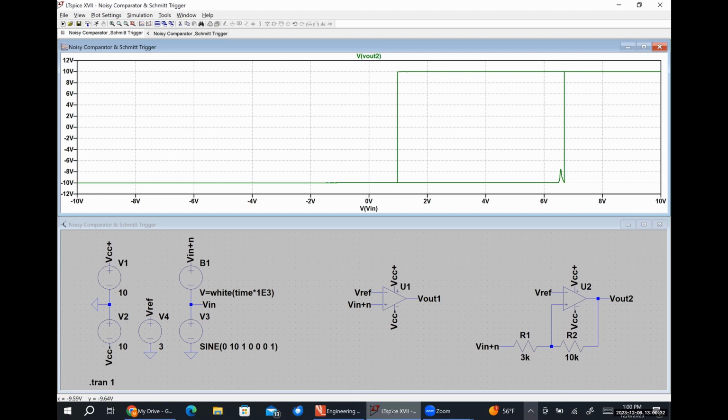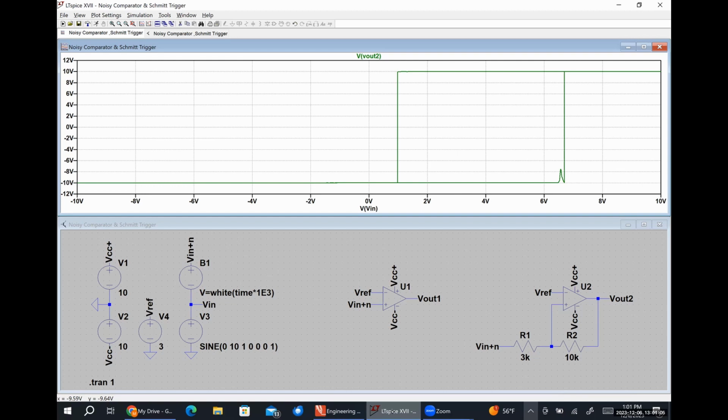For a comparator circuit, the transition from low to high is at a single voltage, our reference voltage. There is a little bit of a slope, so it is not truly a vertical line. The slope is just incredibly steep. The slope of our line is related to our supply voltages and our open loop voltage gain. Because our open loop voltage gain is usually incredibly large, the line looks almost vertical.